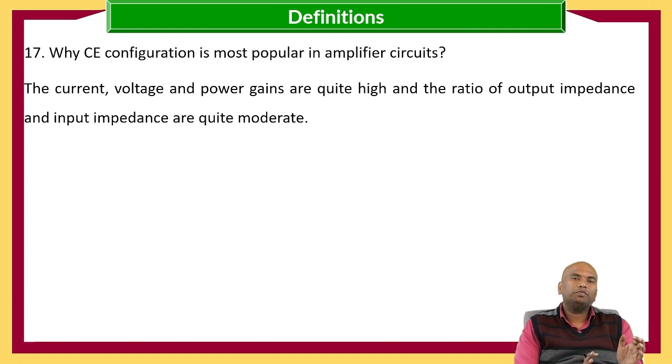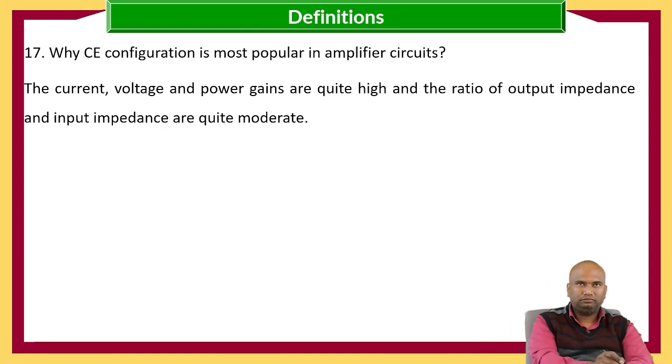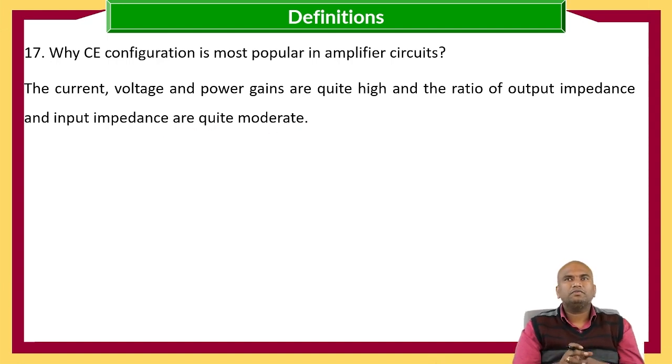Base is the input which we consider in the common emitter configuration, and we collect the output at the collector. Because of that, the current, voltage and power gains are quite high, and the ratio of output impedance and input impedance is quite moderate. Because of all these reasons, the CE configuration is more popular in amplifier circuits.